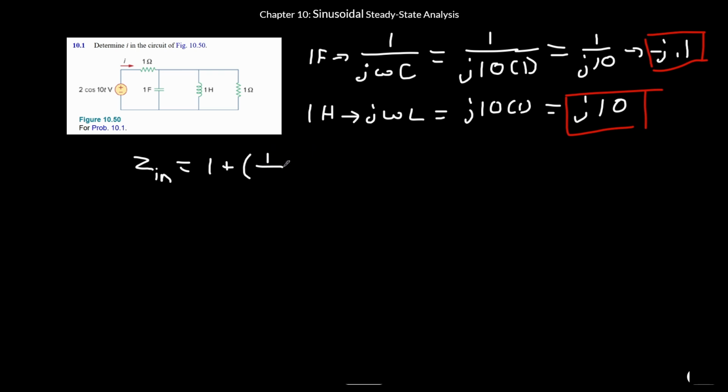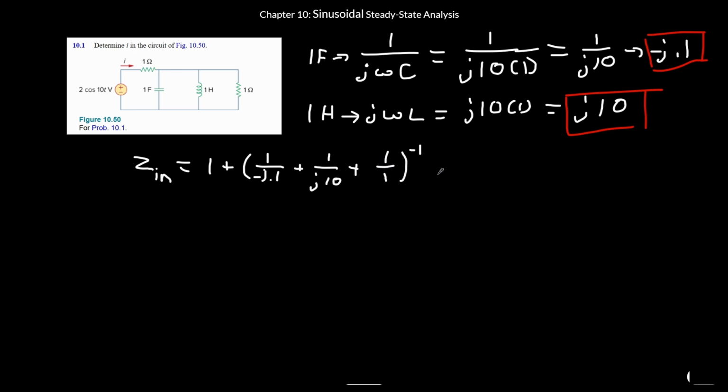So we need 1 over negative J0.1 plus 1 over J10 plus 1 over 1, all raised to the negative 1.